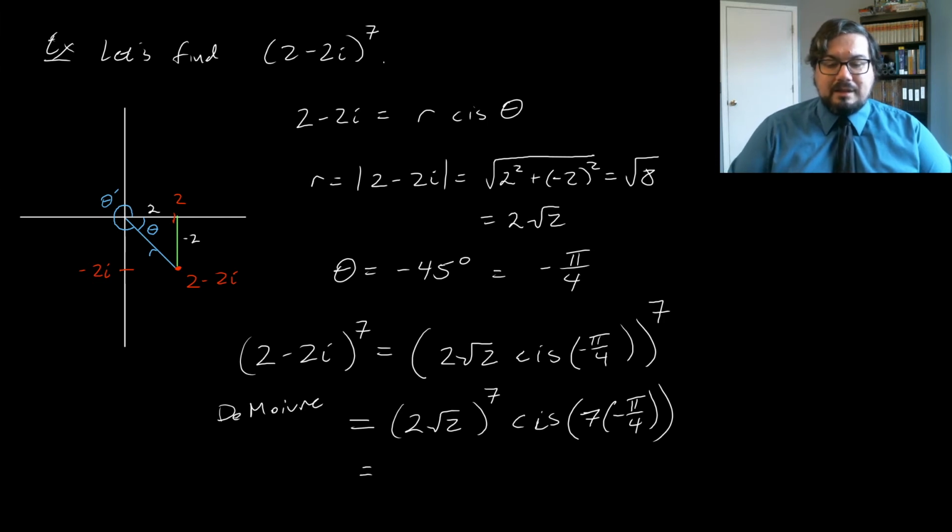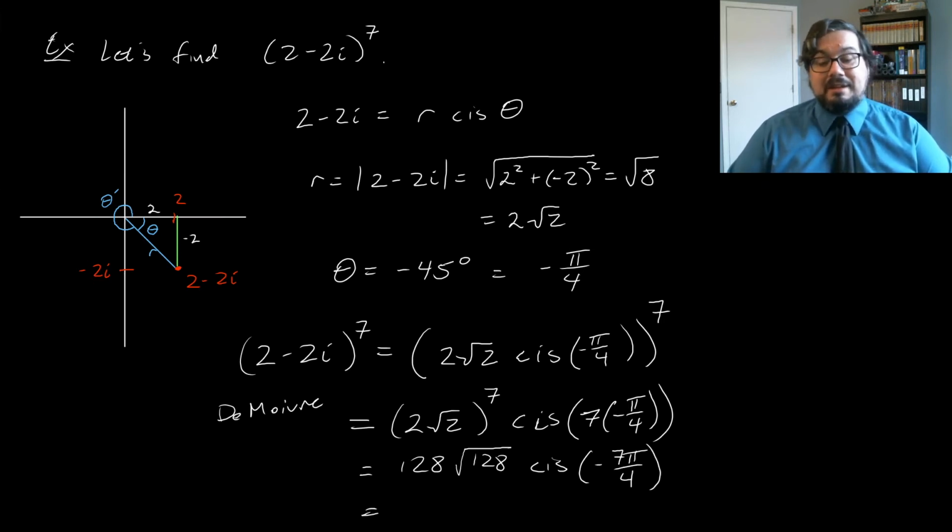So we can work this out. 2 to the 7th is 128. So we get 128 times the square root of 2 when we take the 7th power of the square root of 2, then CIS of negative 7 pi over 4.